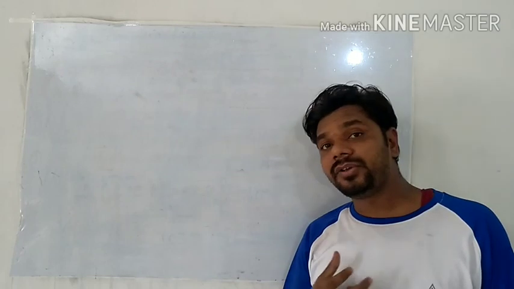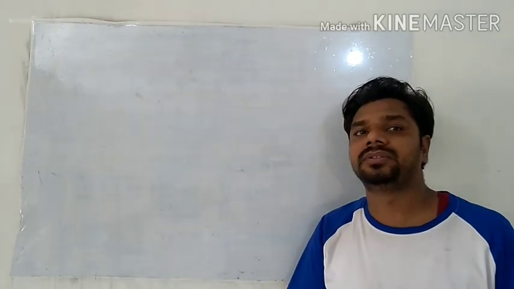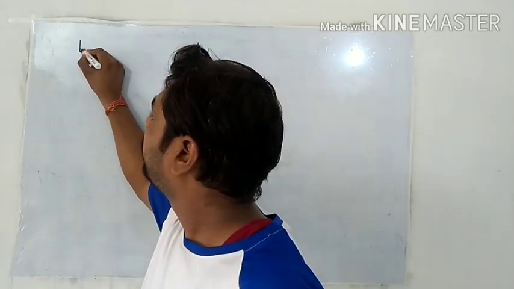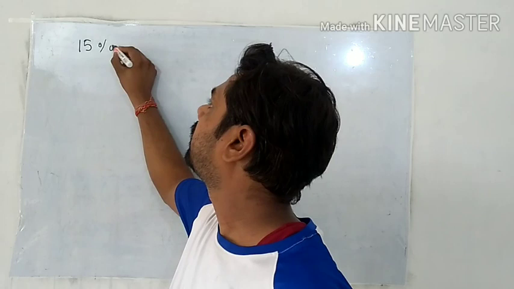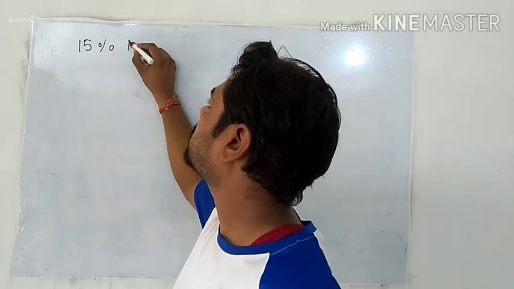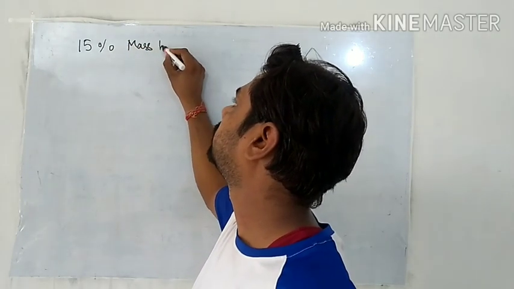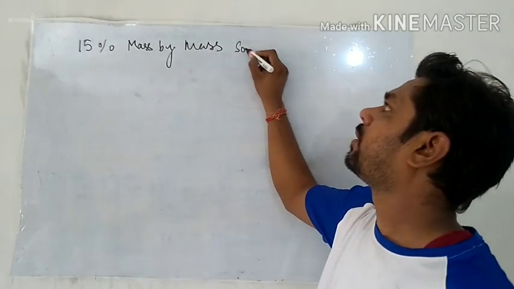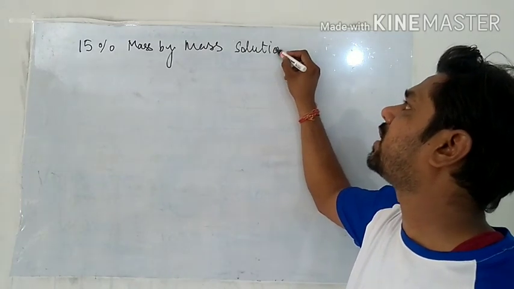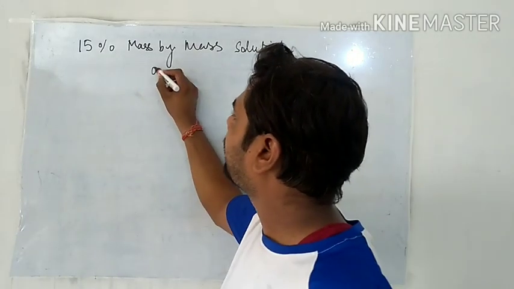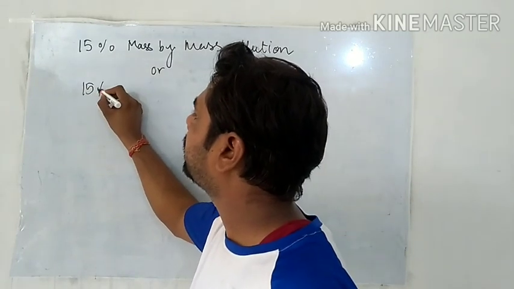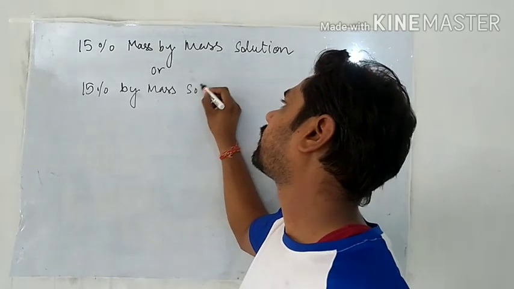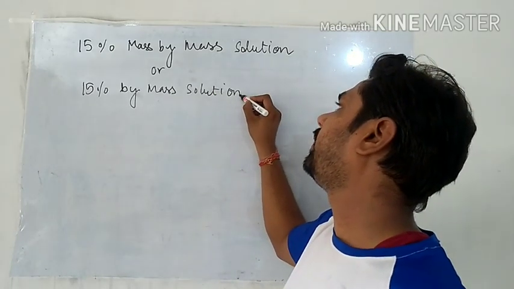So to tell you the real use of these formulas, what are their use? We have to understand one thing. Suppose in a question it is said that 15% mass by mass solution, or it can be said as 15% by mass solution. What does that mean?